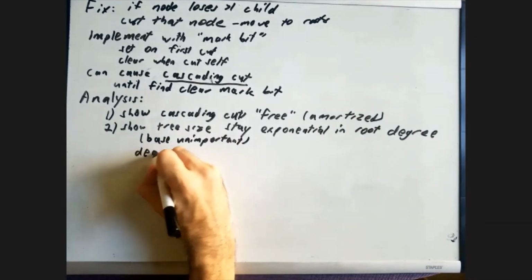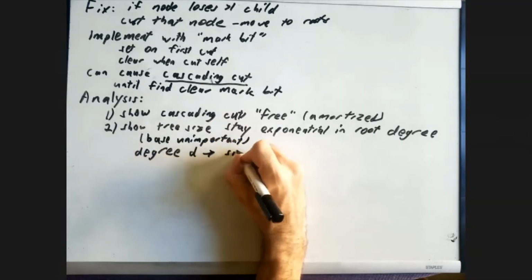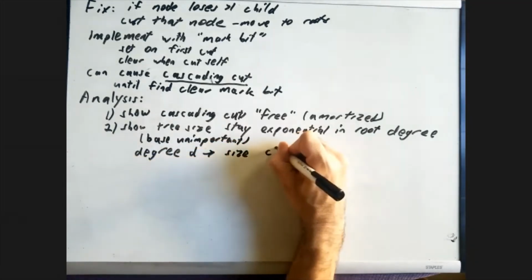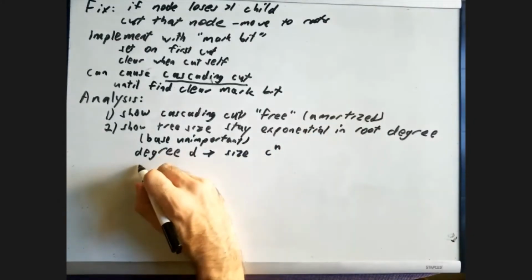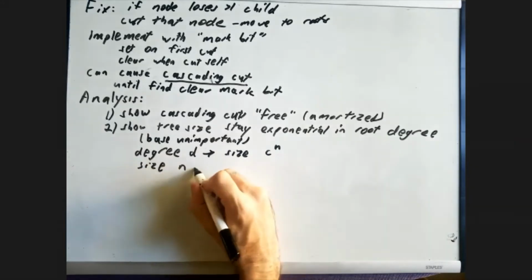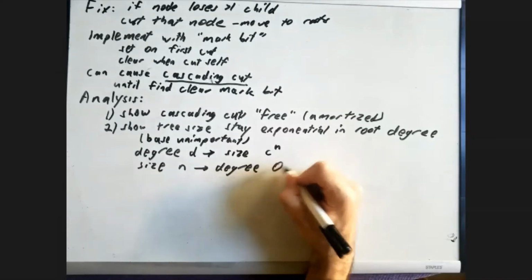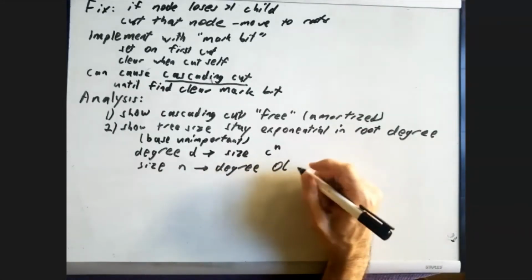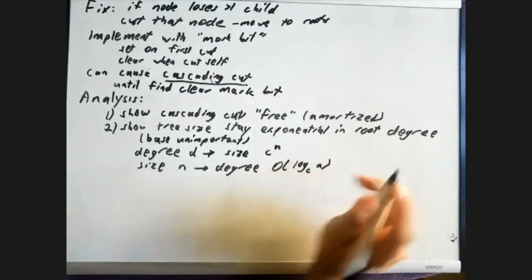If degree d implies size c to the d, right? Then the maximum size of a tree is going to be n, which implies that the degree is going to be order of log base c of n.